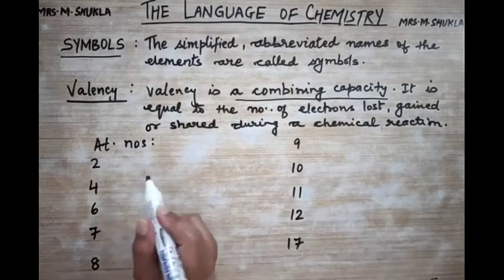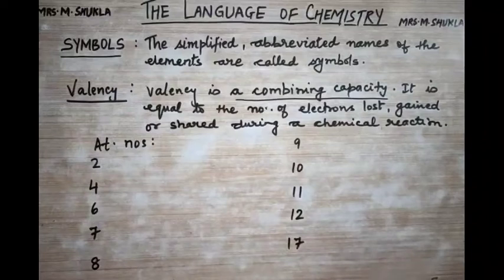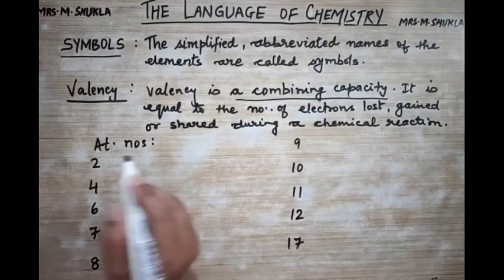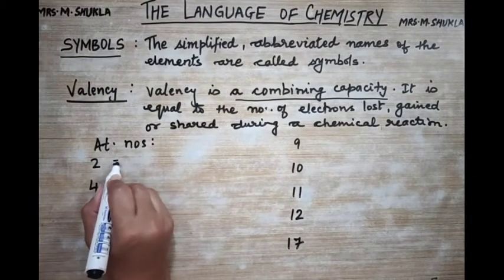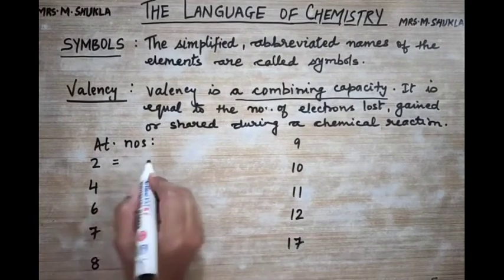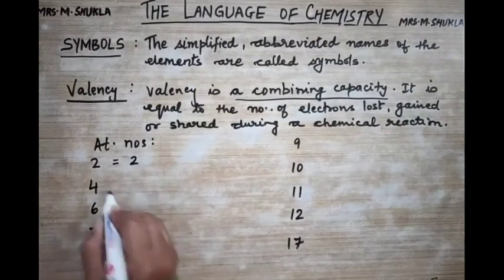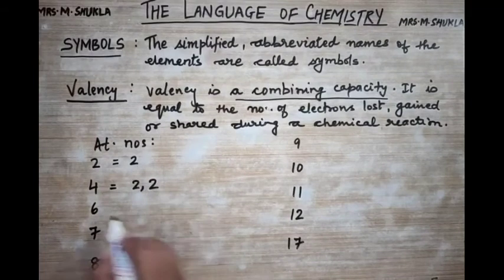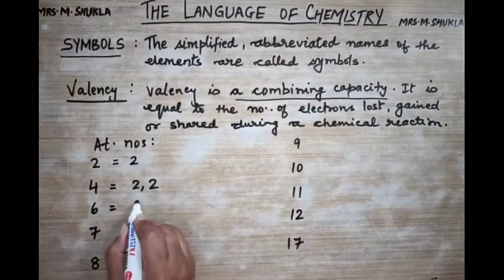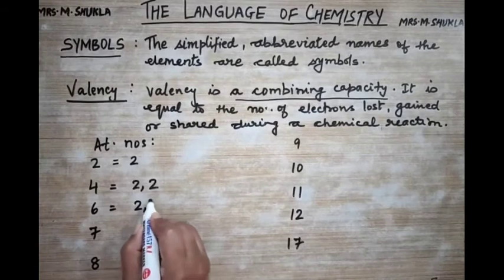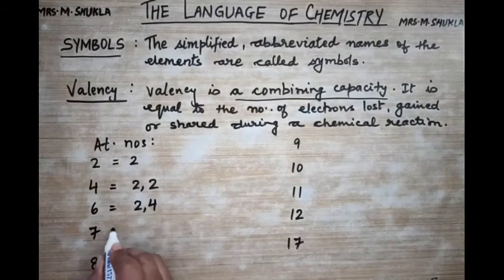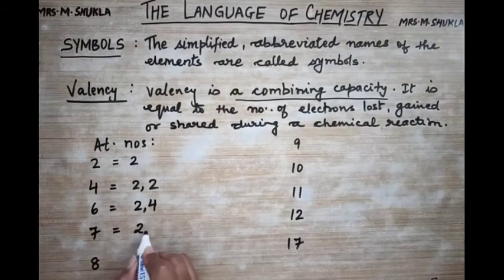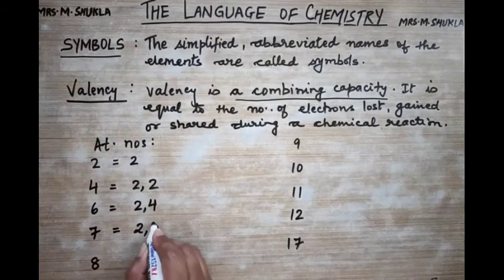Now what am I going to do? We will configure each of these atomic numbers. I hope you have learned how to do the configuration. So here it will be 2. Here it will be 2, 2. What about 6? 2 and 4. What about 7? 2 and 5.